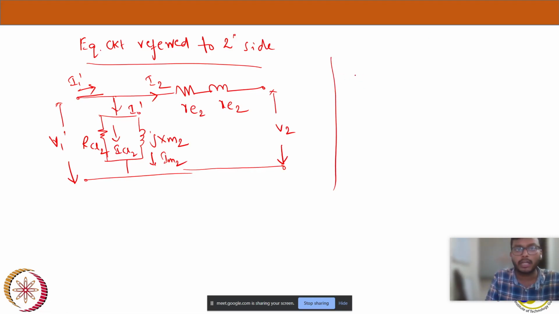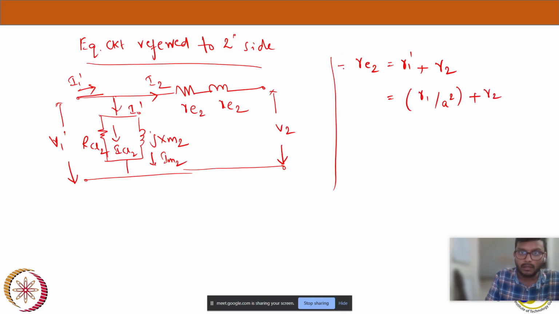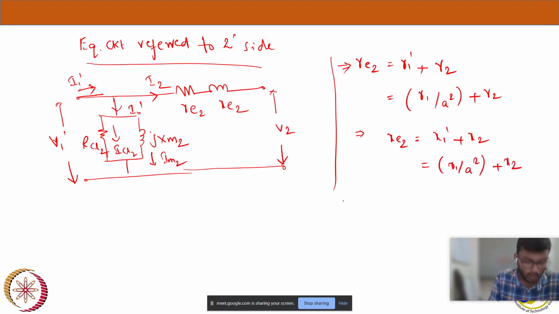Now we will write the same thing, individual values of each equivalent circuit parameter. Now RE2 is equal to R1 dash plus R2. The dash is for R1 because the primary we are referring to secondary, and R2 will be as it is. And since the turns ratio is A, R1 by A square plus R2. Now XE2 is X1 dash plus X2, that is X1 by A square plus X2.